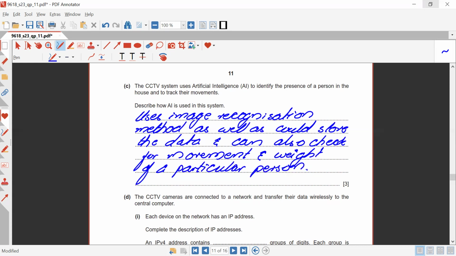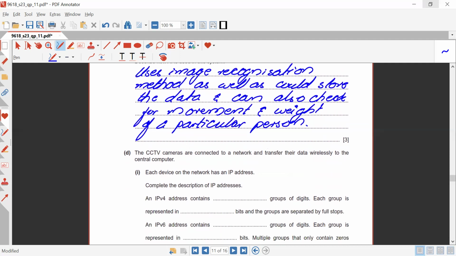So this is how an AI could work, because obviously the sensors are applied over here as well. So AI could take the help from it.